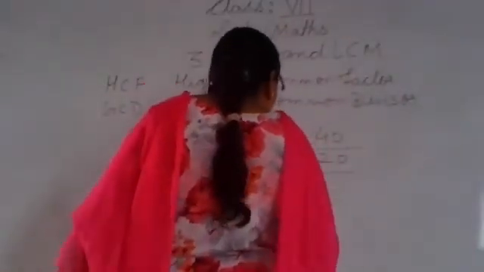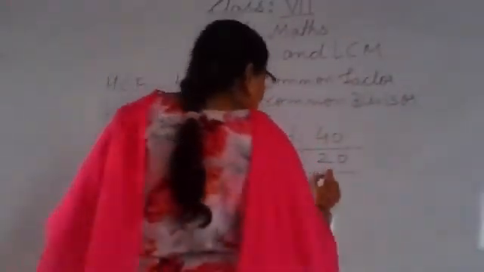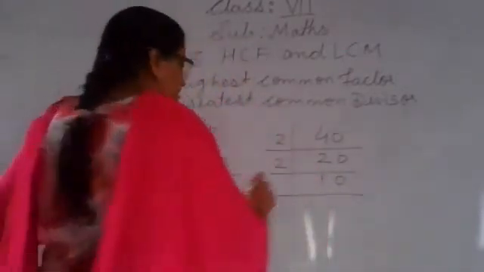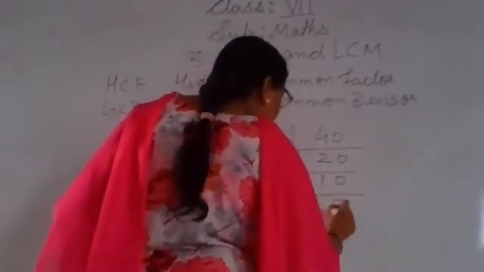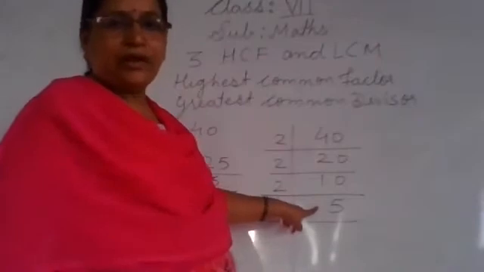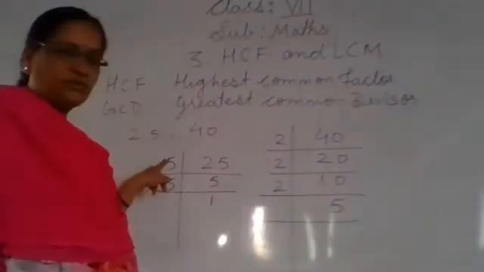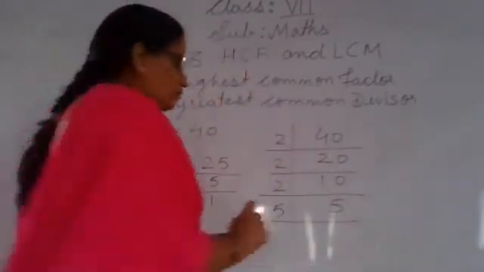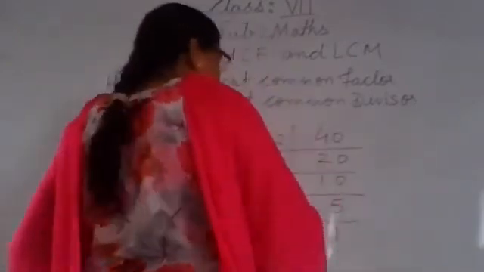Now we will take another 2. 2 10s are 20. Again it is an even number. 2 5s are 10. Now beta, the remainder is 5. So we will divide this by 5. 5 ones are 5.